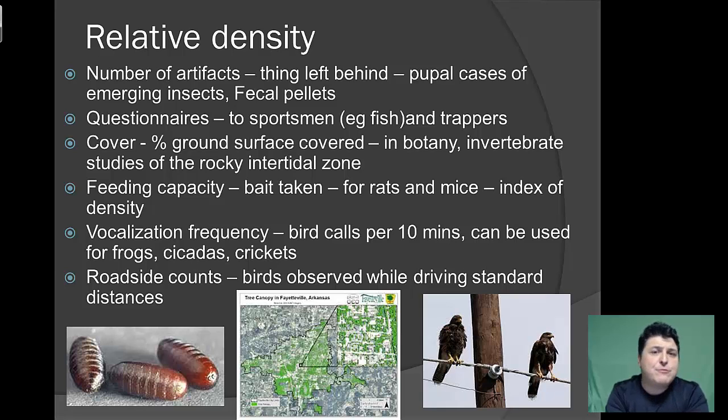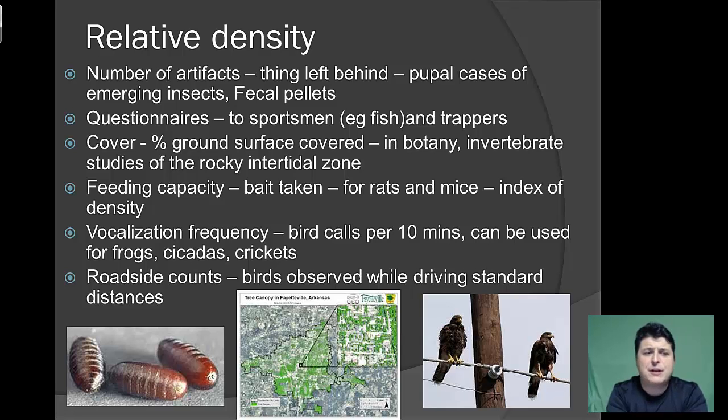Now, to determine relative density, there's a couple of different strategies. We can observe the number of artifacts that were left behind by that organism, in some cases, the pupal cases of emerging insects or fecal pellets of different animals. If we find a lot of feces, we probably can relatively say there's a lot of individuals in that population.